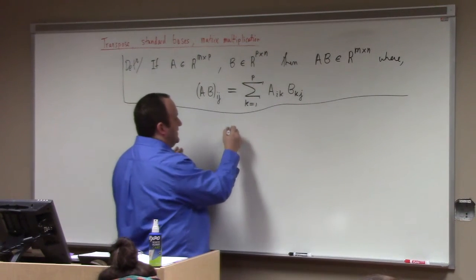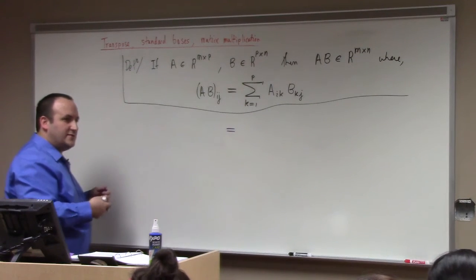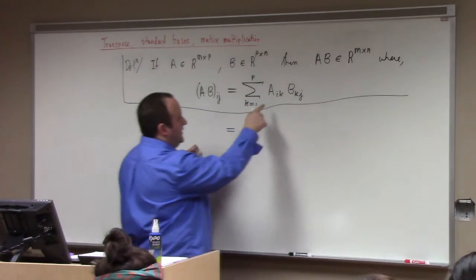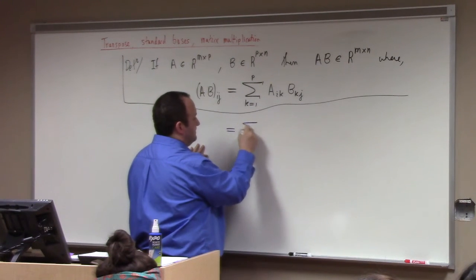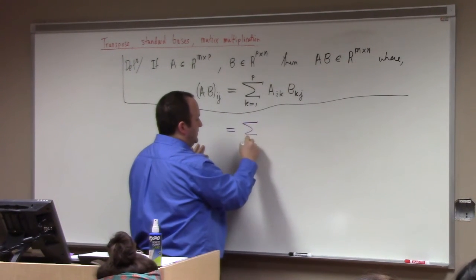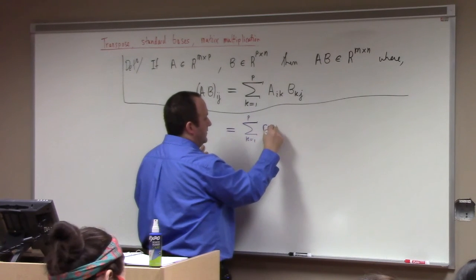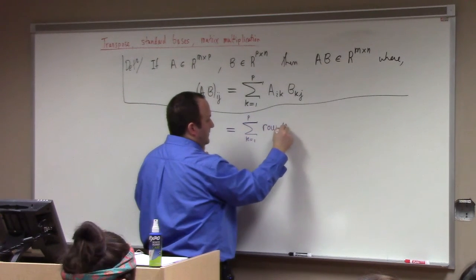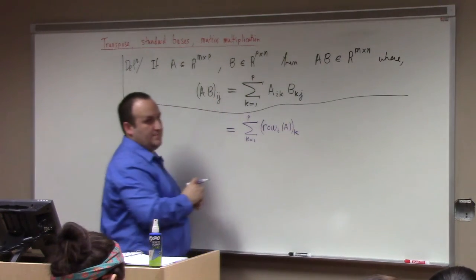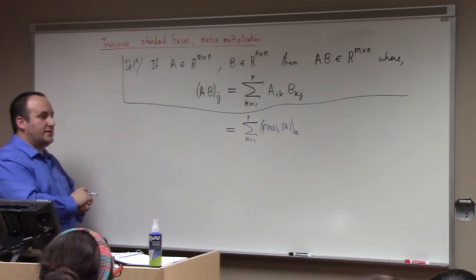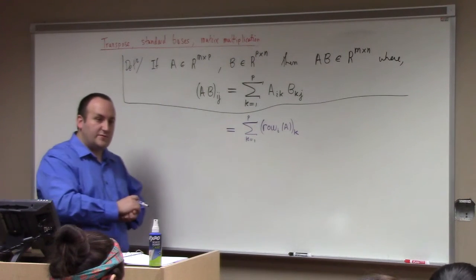It's useful to rewrite it as a dot product. You guys know what dot products are? Well, let me just find our way to that. Another way we could look at this would be the sum k equals 1 to p of the kth component of row i of A. That's the kth component of row i by the notation we introduced in the first class.